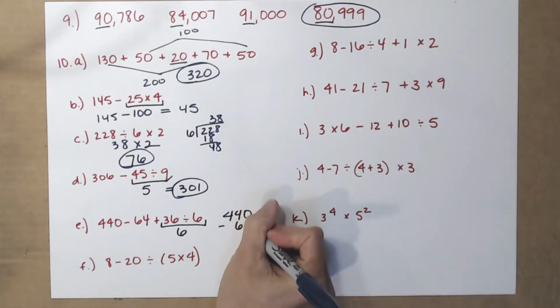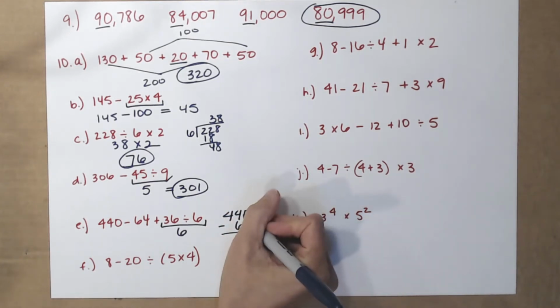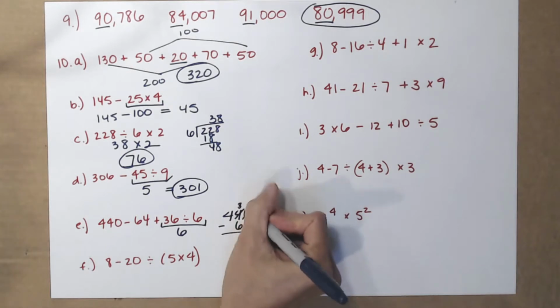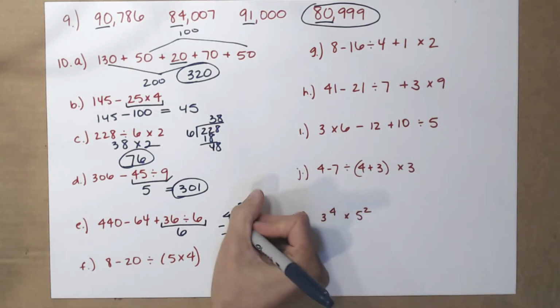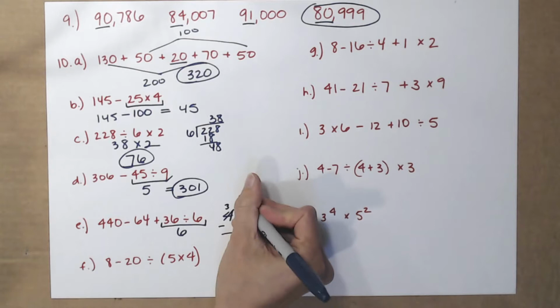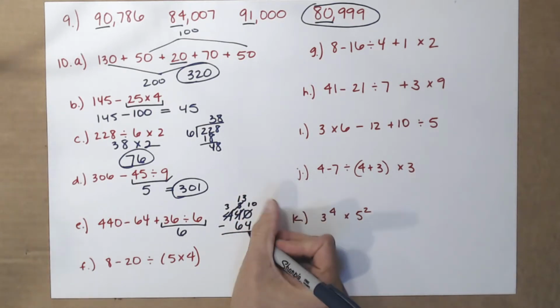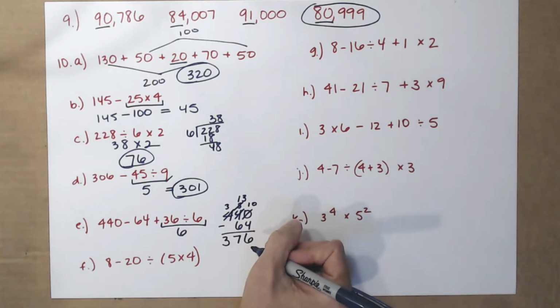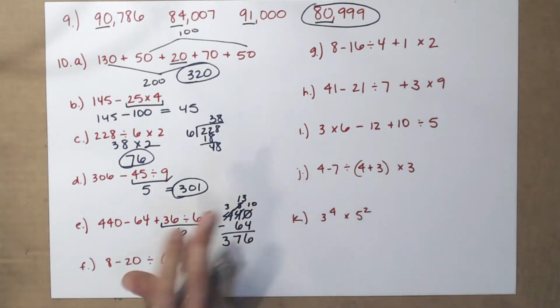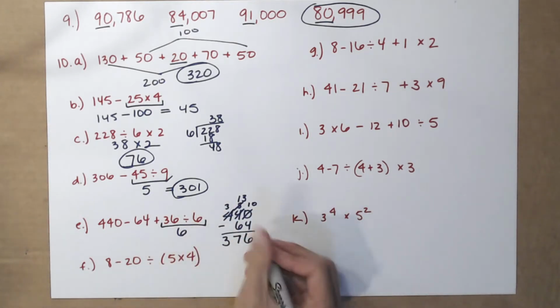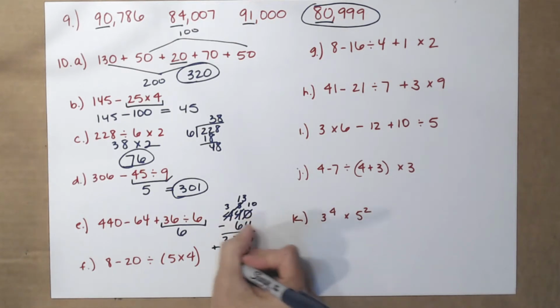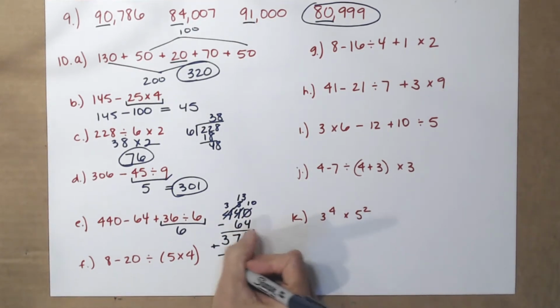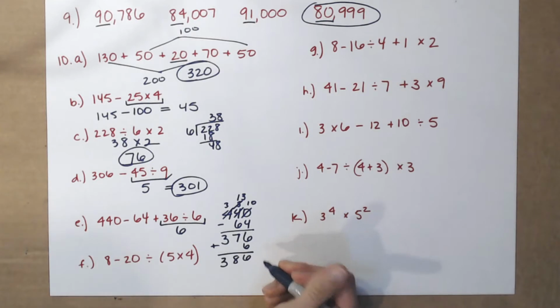I go off to the side. Alright, I need to take a 10 to get some 1s here. And then I take 100 to get some 10s. And I get 376. And then I just need to add the 6. And I will get 82.